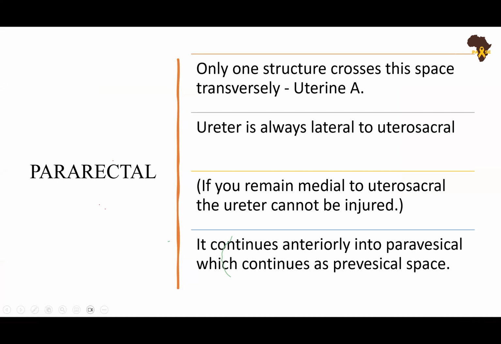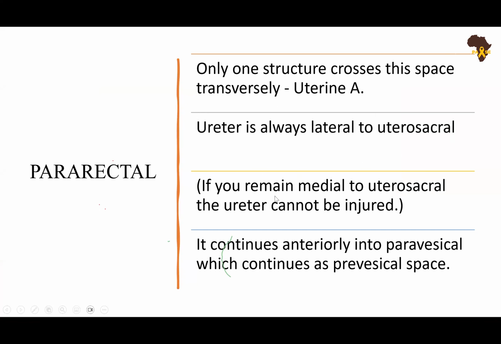Now we move into the pararectal space. As mentioned, it's next to or around the rectum, so it is pararectal. Only one structure, as you open this up, starts crossing this space transversely, and that is the uterine artery. The ureter is always lateral to the uterosacral.